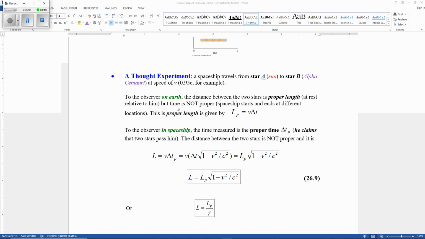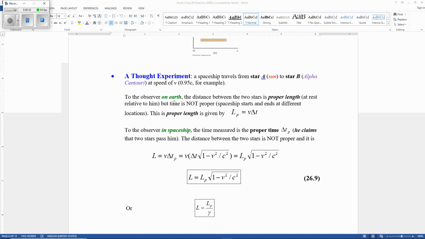But the time is not proper, because the spaceship starts from A and arrives at B, a different location. So for this measurement, the distance, the length, is the proper length. The time is not proper to us, to someone on Earth.